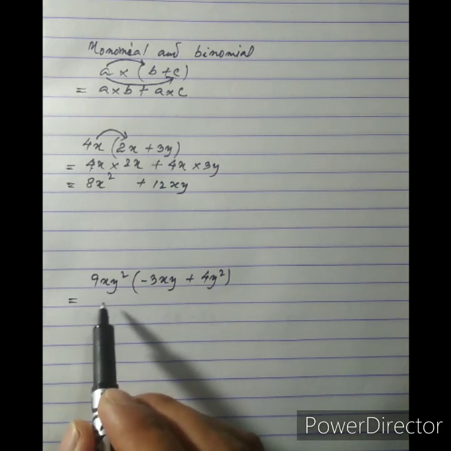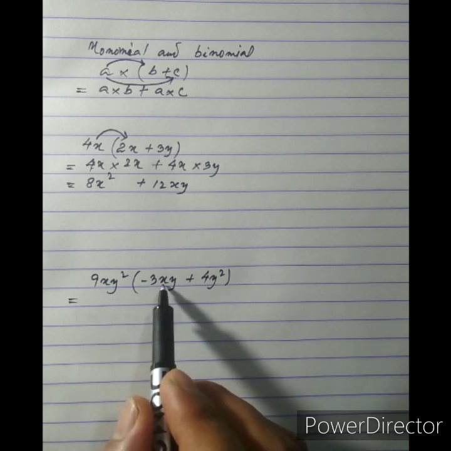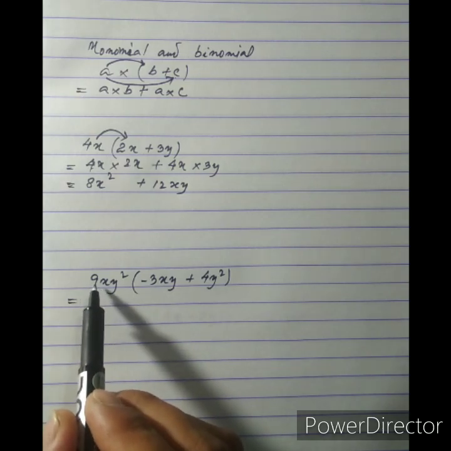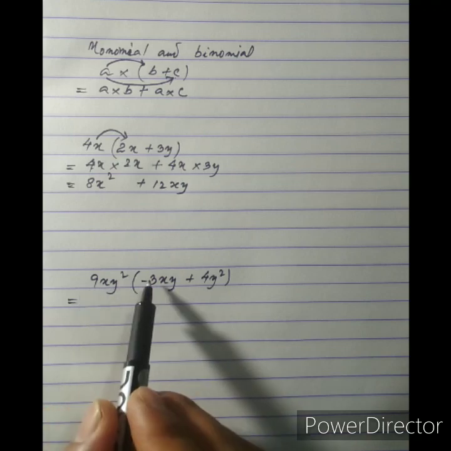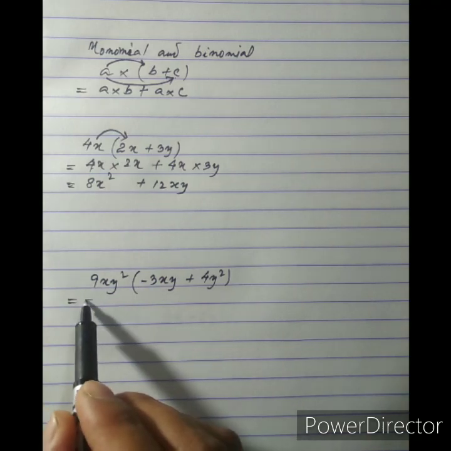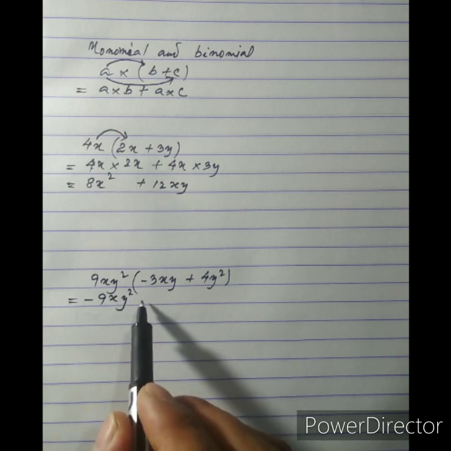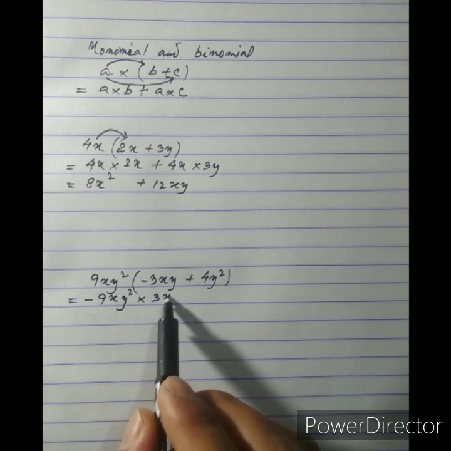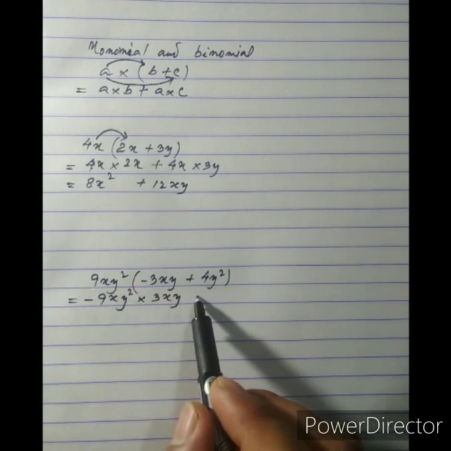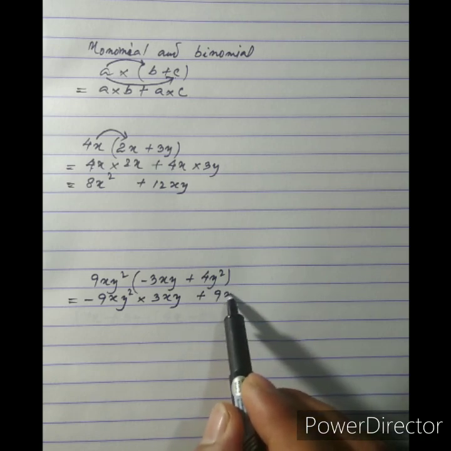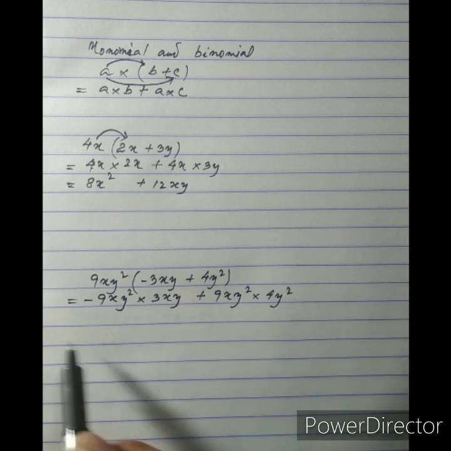This 9xy square will multiply with minus thrice xy. Do not forget, the sign of this term is positive, so plus into minus is minus. We can write minus like this: 9xy square into thrice xy. Then plus into plus, we get plus 9xy square into 4y square.